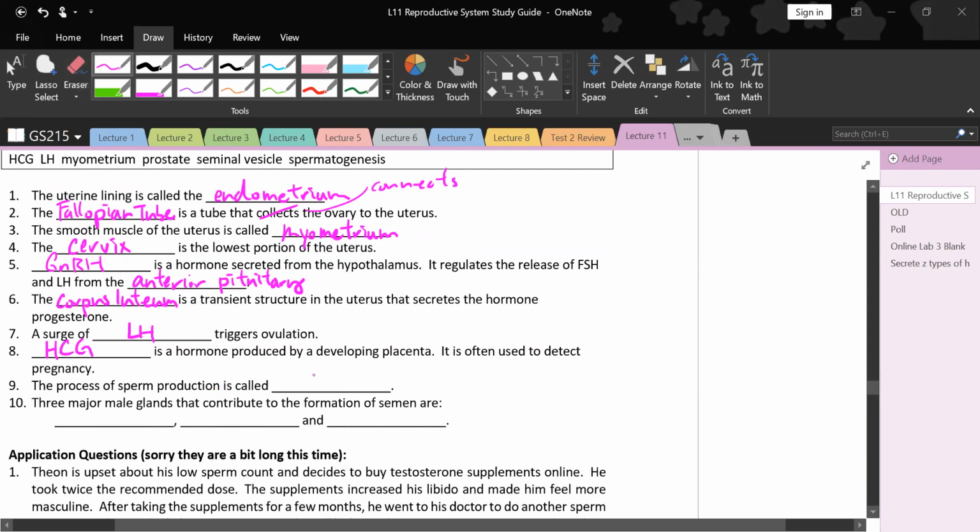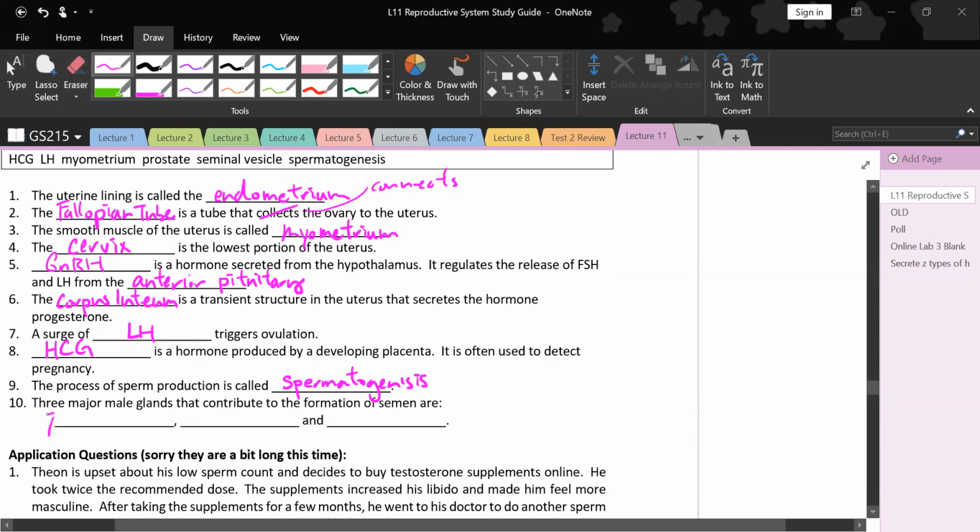The process of sperm production is spermatogenesis, which would be encouraged by the presence of FSH. There are 3 major glands in the male reproductive system that contribute to the formation of semen.